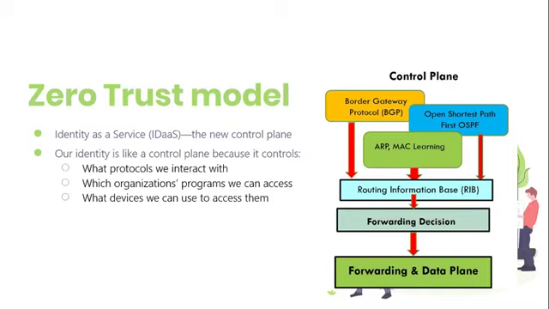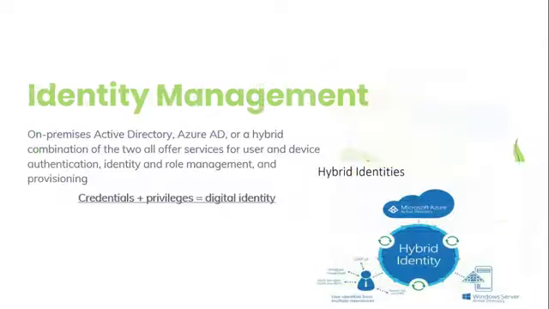The control plane is about learning the route, either static or dynamic. Identity has become the common factor between many services, like Office 365 and Facebook. The person has become the center of this service. Identity has become the security boundary, the new firewall, or the control plane, whatever comparison you prefer.